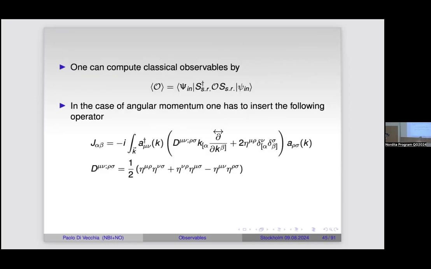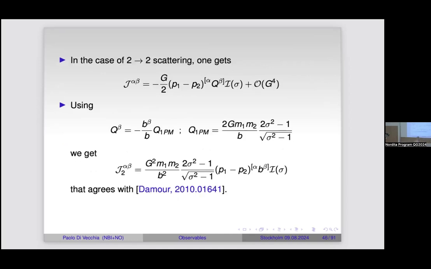But then you can compute observables, and one of them is the angular momentum. You can insert the angular momentum here. You get this in the two-particle scattering, and when you insert the momentum transfer at 1PM, you get this loss of angular momentum, and that is exactly the quantity that Damour used to compute the radiation reaction.